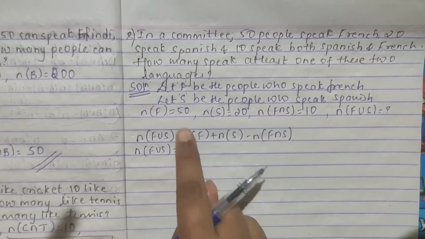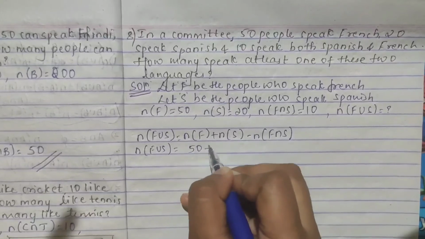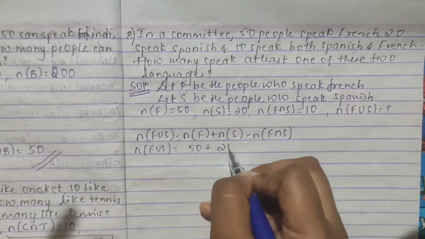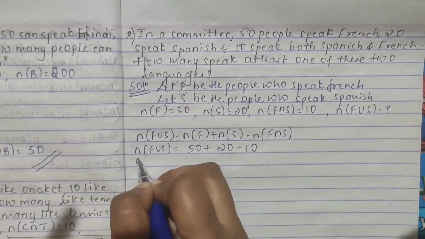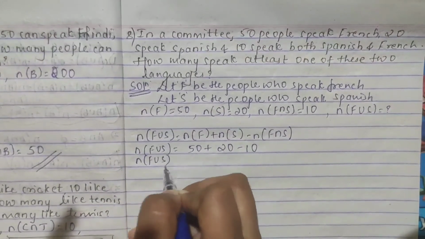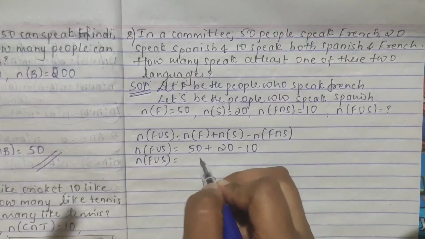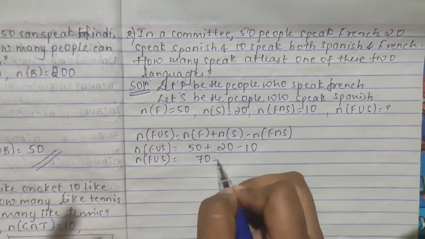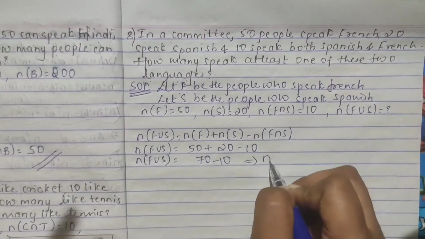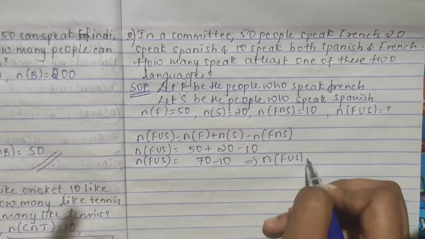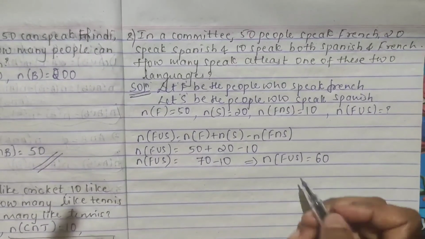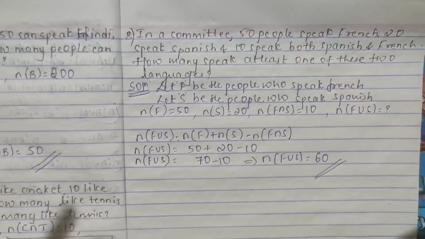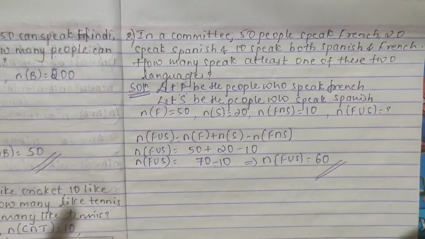N of F is how much? 50, plus N of S is 20, minus N of F intersection S, this is 10. So N of F union S is equal to 50 plus 20 is 70 and minus 10. So you get N of F union S is equal to 70 minus 10 is 60. So 60 of them speak at least one of these two languages.